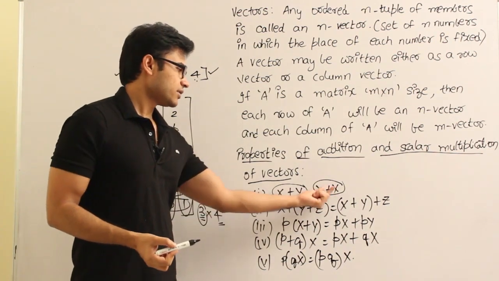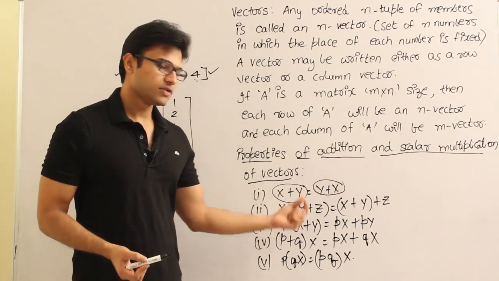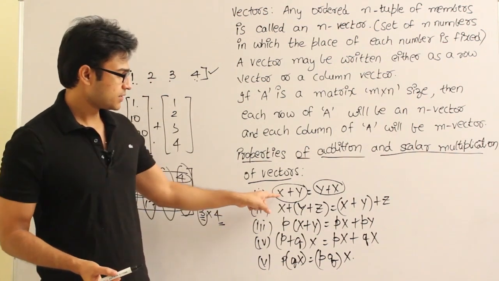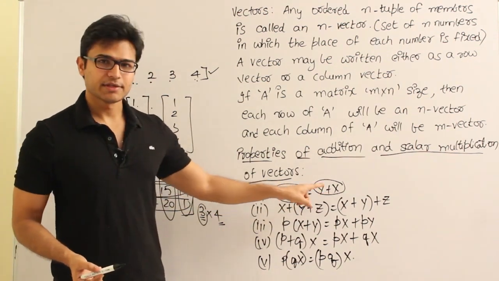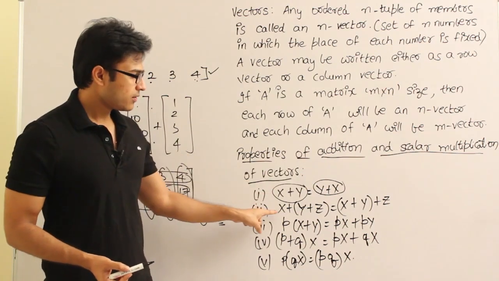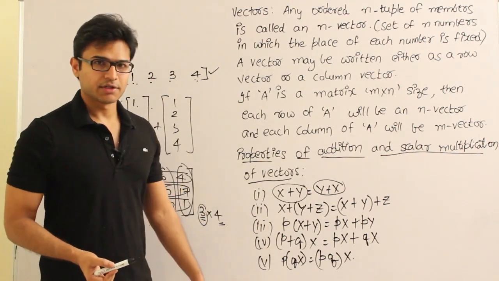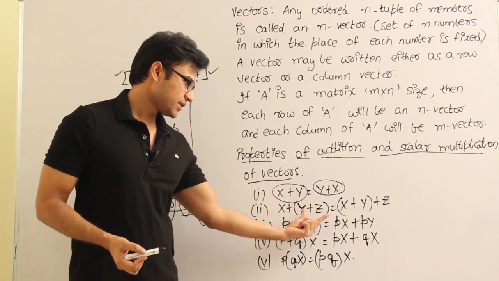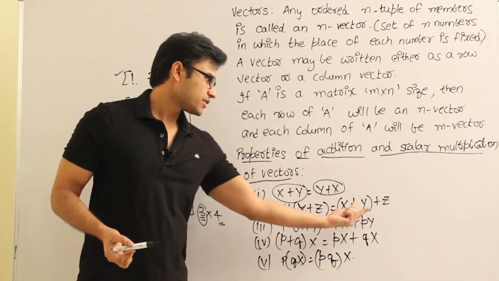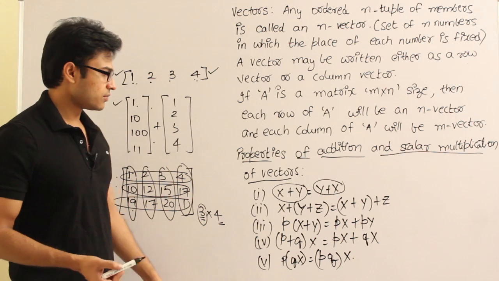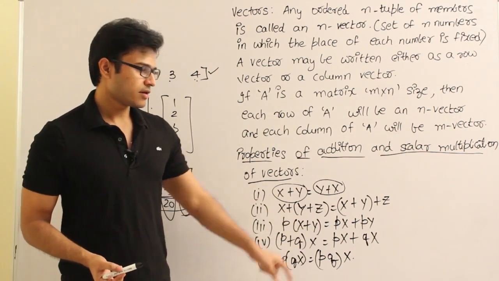The addition is commutative. Commutative means x plus y equals y plus x. They are also saying that the addition is associative, so whether you add x plus y first and then z, or y plus z first, the final answer is going to be the same. And then there is scalar multiplication.